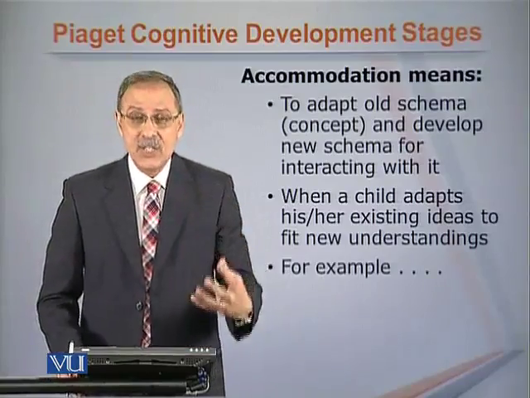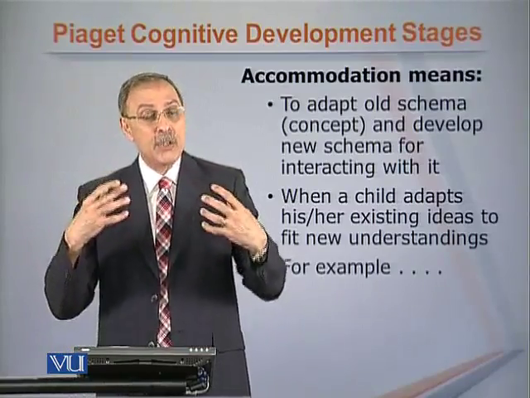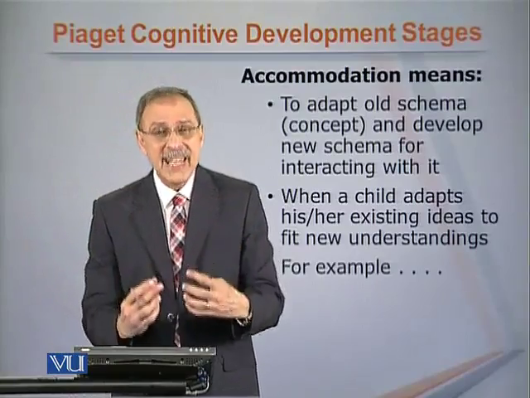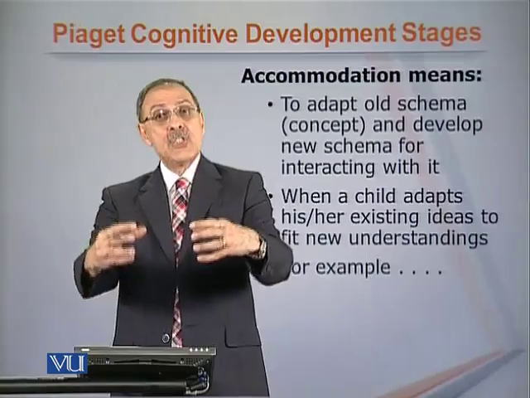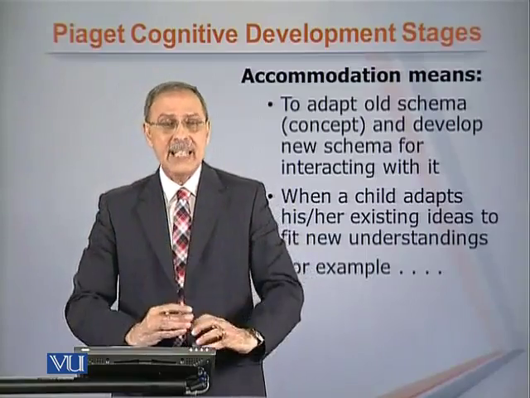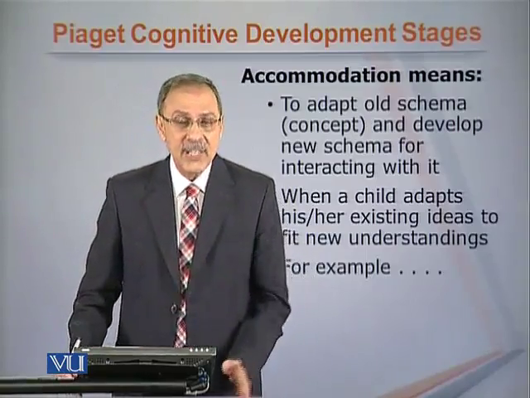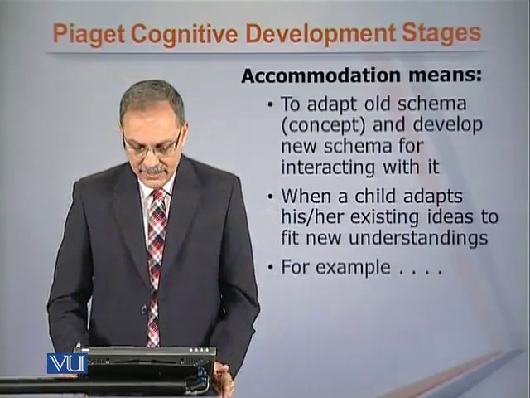That is accommodation. The child has to make room to accommodate the new idea. Unlike assimilation, it is not going to neatly fit into its place. Something will need to be modified.